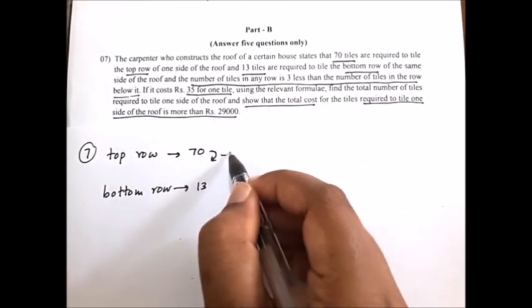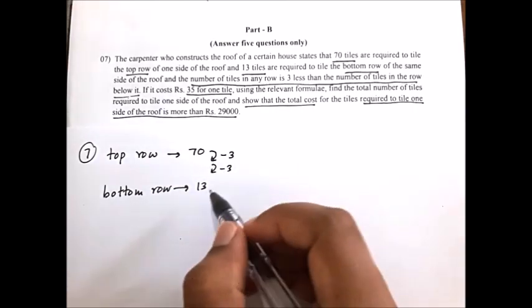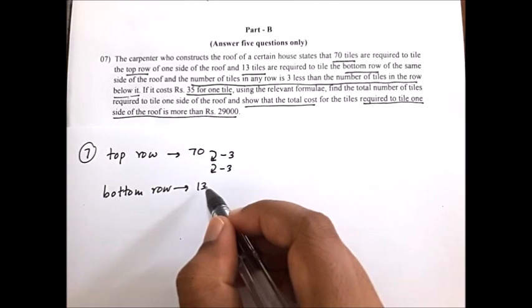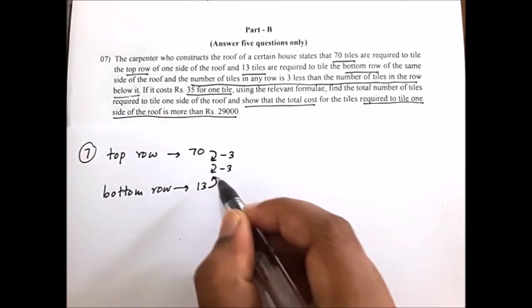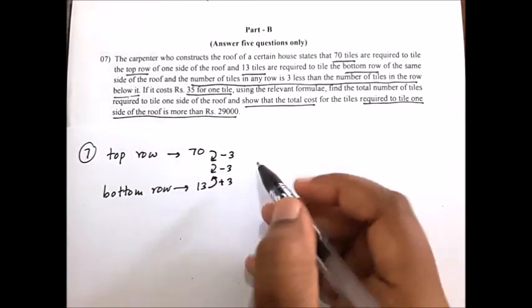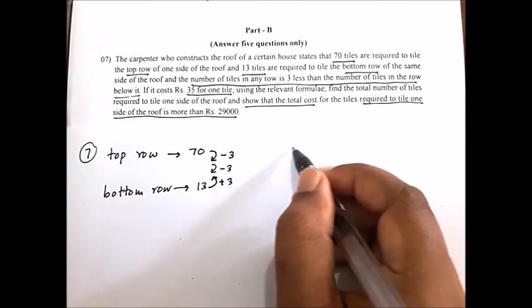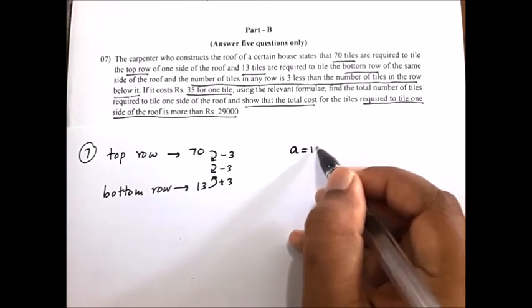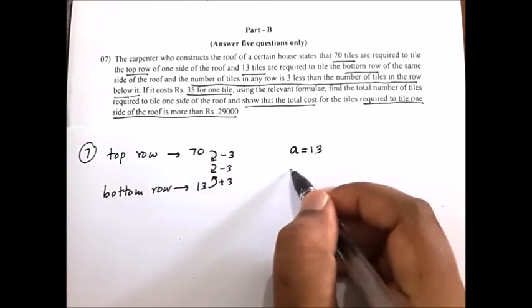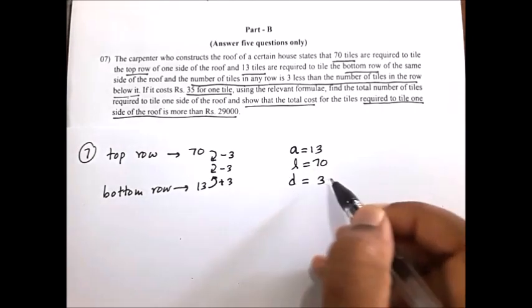Here subtract 3. Then again subtract 3. Conversely, you can add 3 to obtain the one above. I'm going to take the first term as 13 and the last term as 70. The common difference is 3.